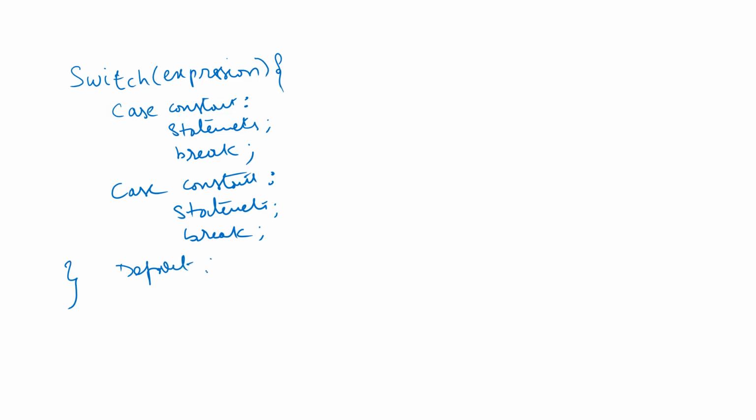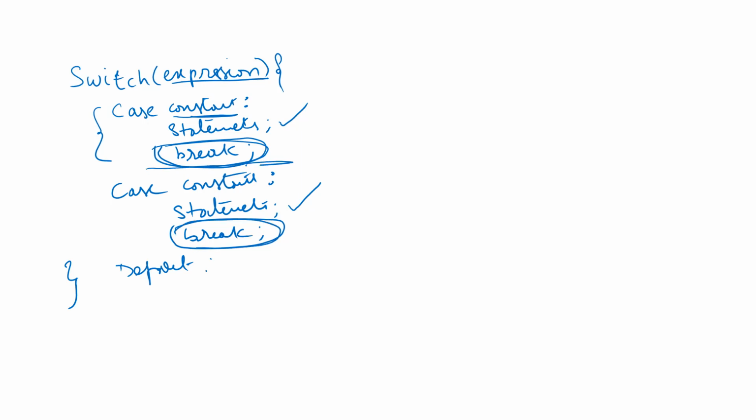So the question here is, what happens if we don't use these break statements? What happens in this case is, let's say this expression is matching with the constant in the first case block. If we don't use a break statement, then this executes this set of statements, and it will execute the second case statements also until it finds a break statement.